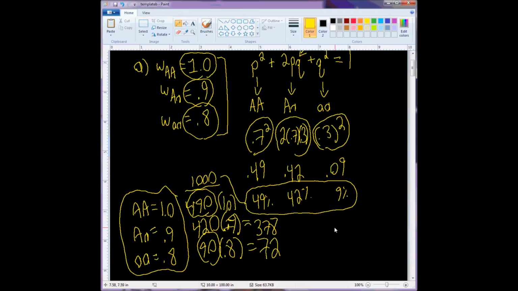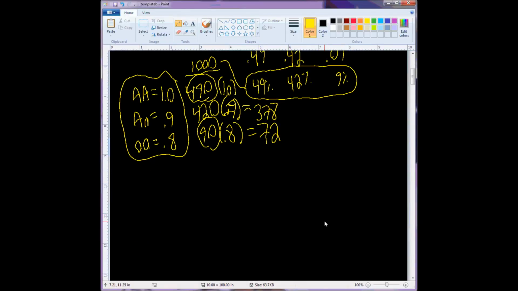So let me clean this up a little bit. After these calculations, after considering the fitness levels, out of 490 homozygous big A genotypes, 490 will contribute to the gene pool of the next generation.